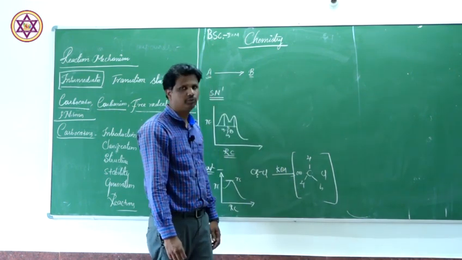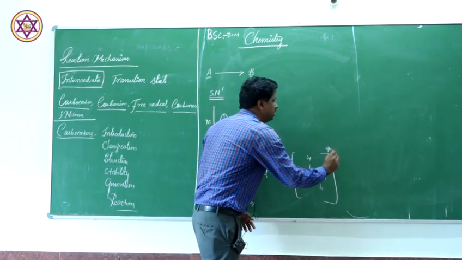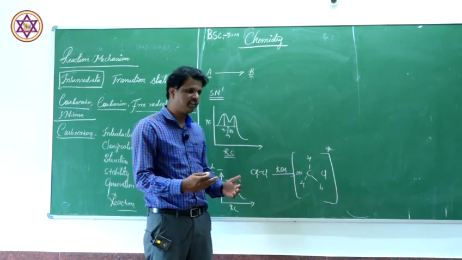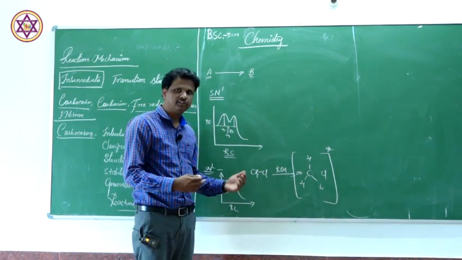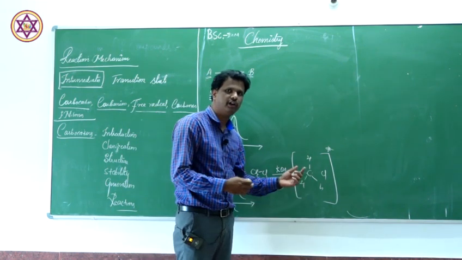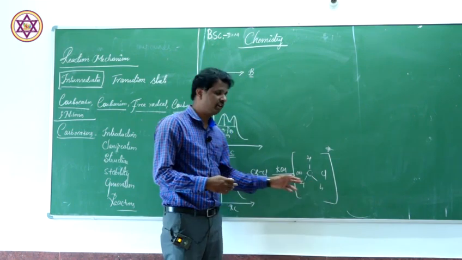This transition state is also represented like this. We generally say that the SN2 mechanism passes through a transition state where carbon is assumed to have 5 covalent bonds. This is a transition state.